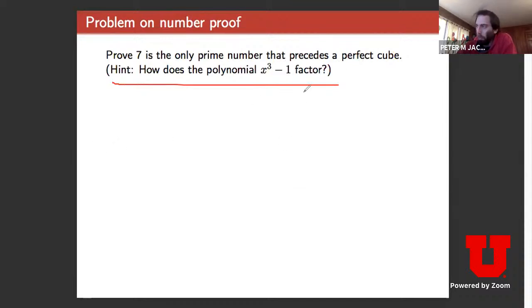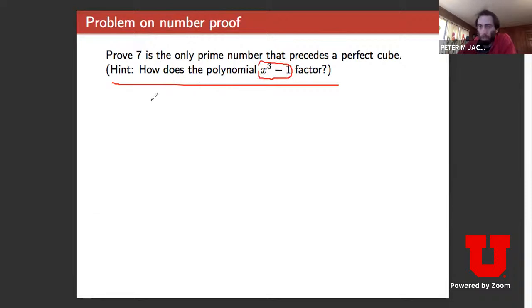So the perfect cubes can be represented as integers taken to the third power. The numbers that precede perfect cubes are the numbers that take the form x cubed minus 1 for some integer x. So what we want to show is that if this thing is prime, then it must be 7.